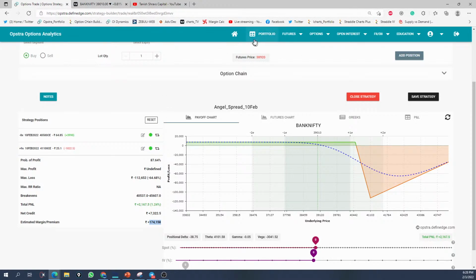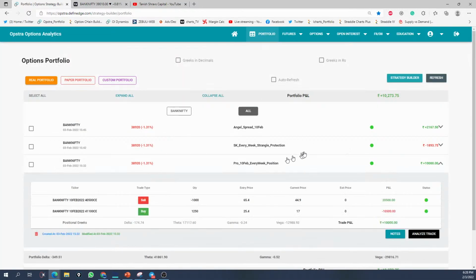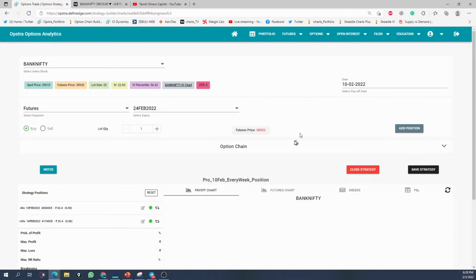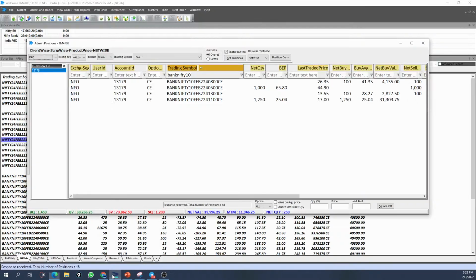Compared to my test size positions, this is the general trade I have done. Because last week I gave trades based on this kind of trade, I'm pulling out my trade book. So this is the trade: Bank Nifty, 10th of Feb, I initiated at 65.8, 25.04.